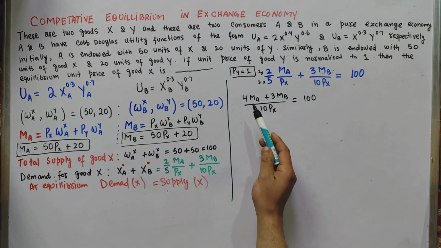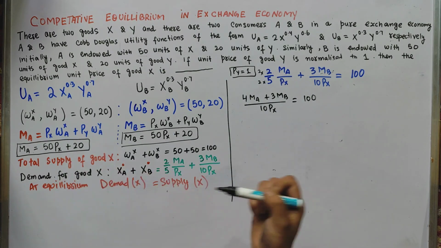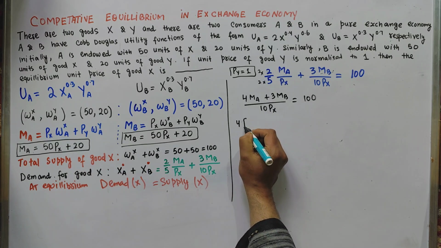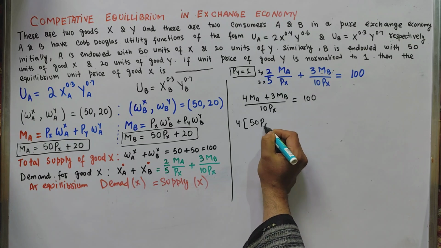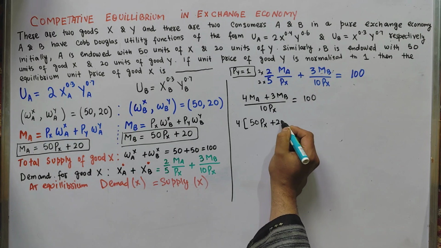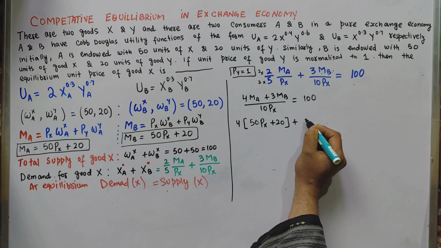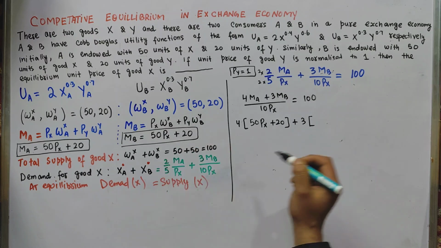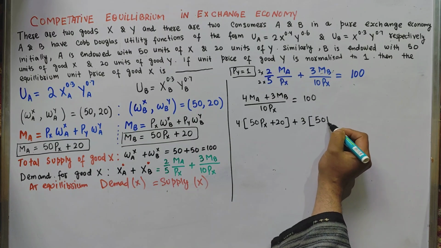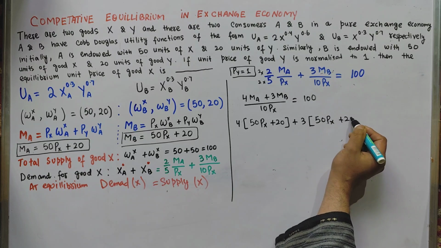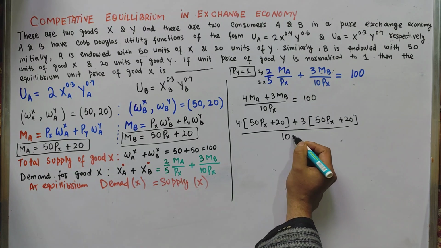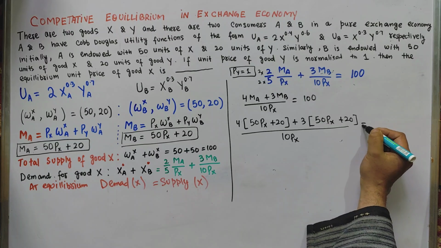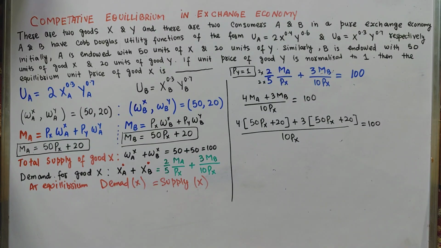Now we know that the income of consumer A we calculated as 50 Price of X plus 20, so we can write 50 Price of X plus 20 in place of Ma. Similarly for consumer B, we have 50 Price of X plus 20 divided by 10Px is equal to 100.